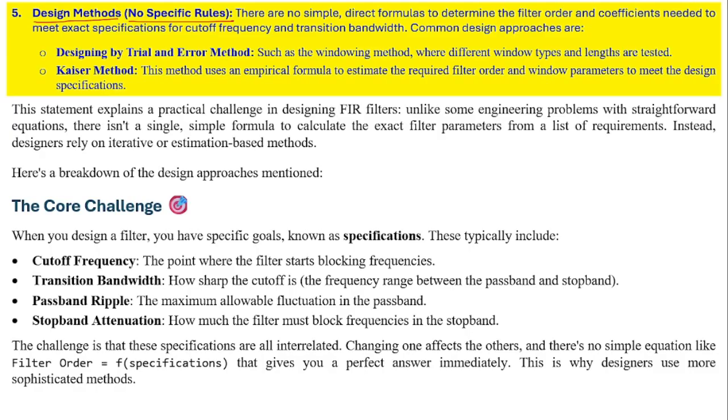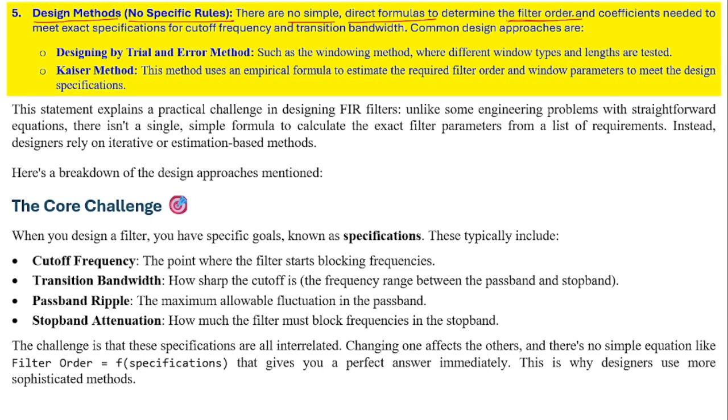This means that there are no simple direct formulas to determine the filter order, which is an important criterion while designing a filter, because the order of the filter decides how the amplitude response will behave during the transition phase, that means from the pass band to the stop band or vice versa. So there is no direct formula to determine this filter order.